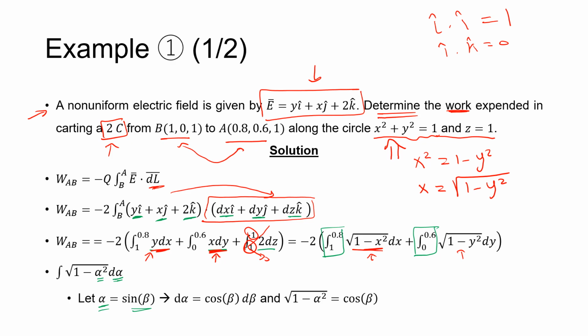So differentiate alpha, which equals d beta times the derivative of sine beta, which is just cosine beta. The other thing is 1 minus alpha squared. When you substitute with sine beta, you get 1 minus sine squared beta, which is equal to cosine squared beta, so you get rid of the root here.